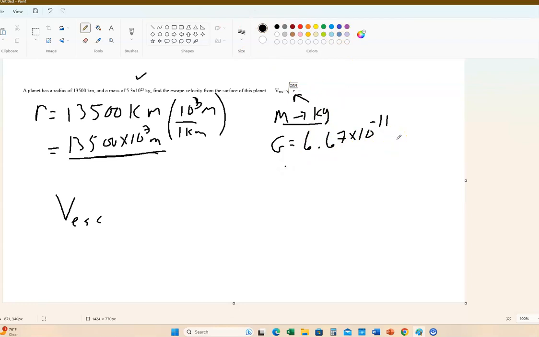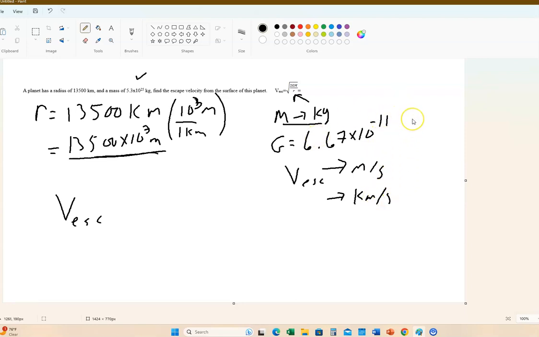The escape velocity is in meters per second. Once we do the calculations, we're going to convert it to kilometers per second. A lot of times we'll do this, since certain units are more convenient in astronomy.